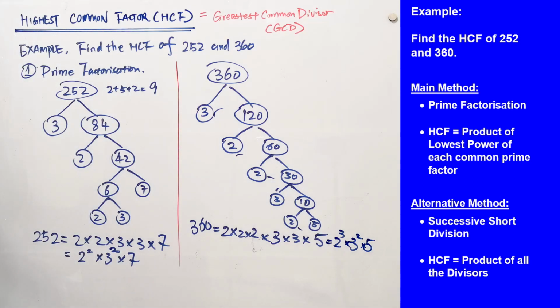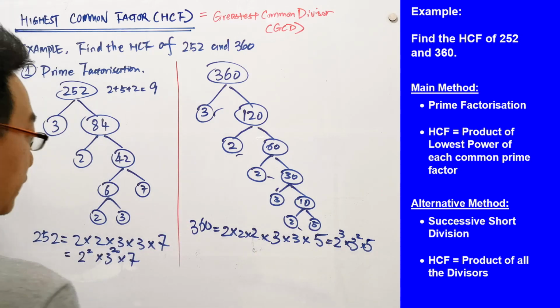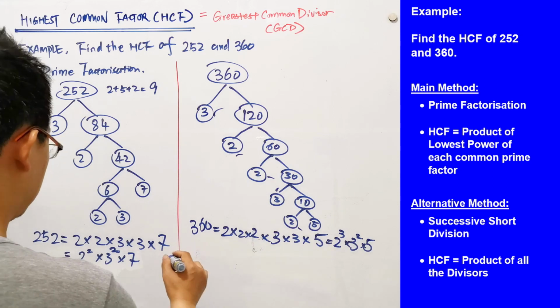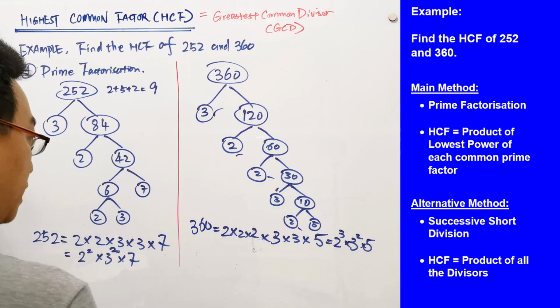Okay, so just so we understand that, HCF is obtained by multiplying the lowest power of the common factors. So in this case, what are the lowest common factors?